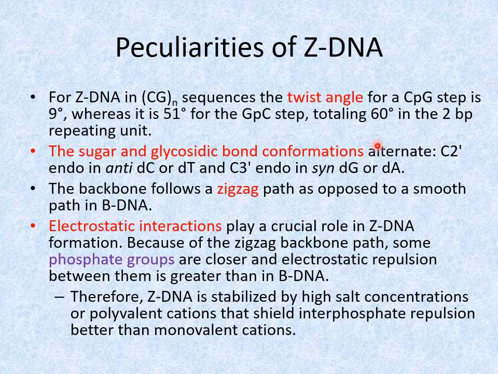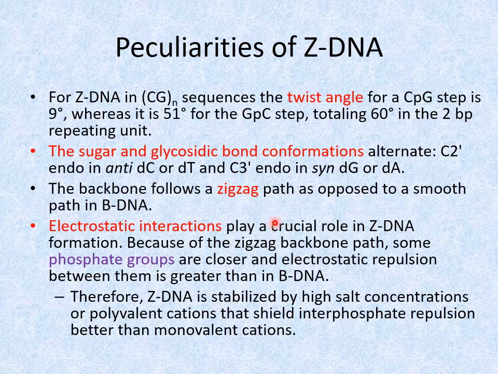So when we say that there is a repeating unit of 2 base pairs, the total twist angle of a repeating unit is 60° in case of Z-DNA.